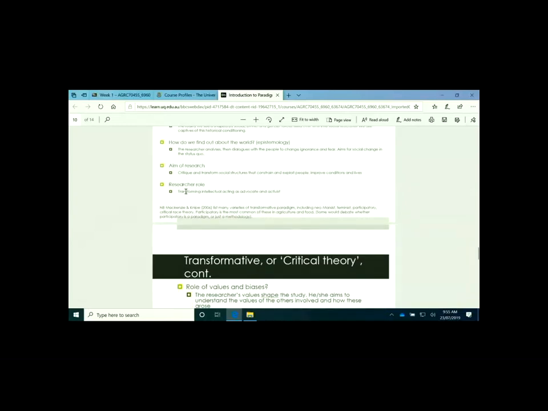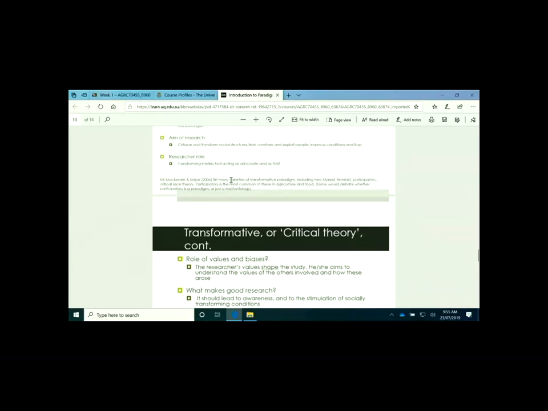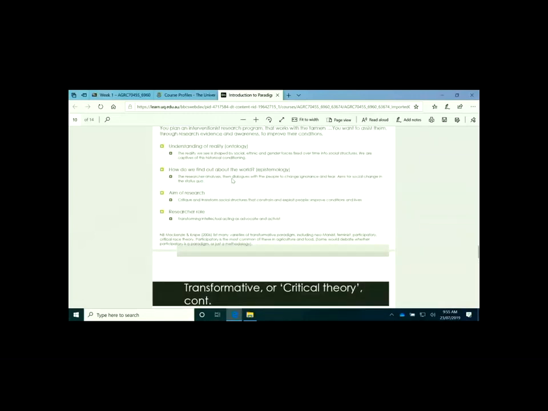You can see that the role of the researcher is essentially as a transforming intellectual, trying to advocate change, so it's working as an activist. So often in this type of research model, we're trying to bring about change in some situation.